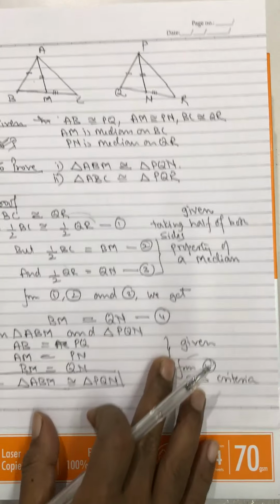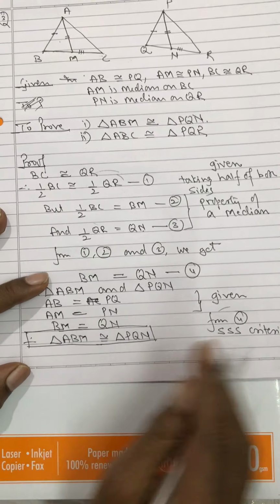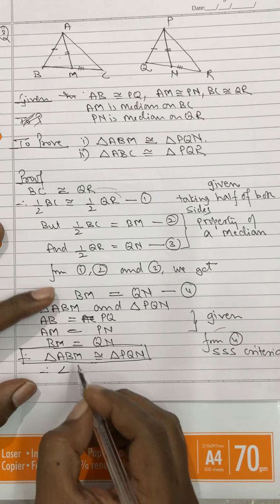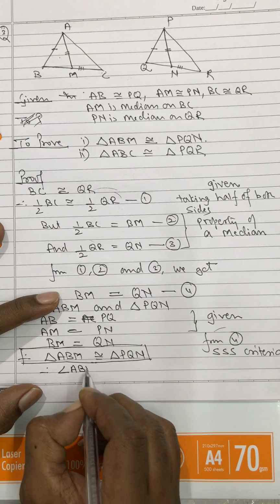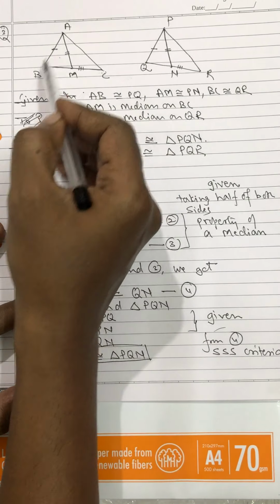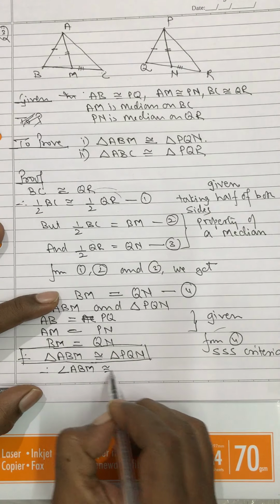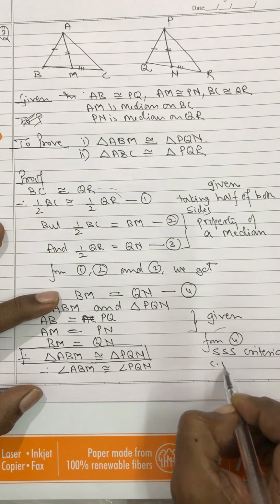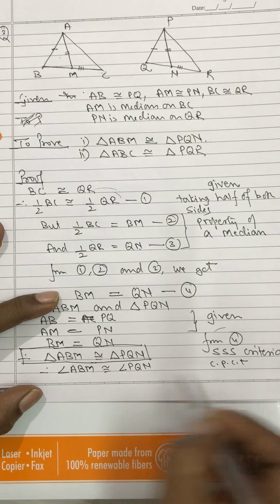So here itself I will tell, therefore angle ABM, I hope you are able to see this, angle ABM is congruent to angle PQN, this is CPCT.